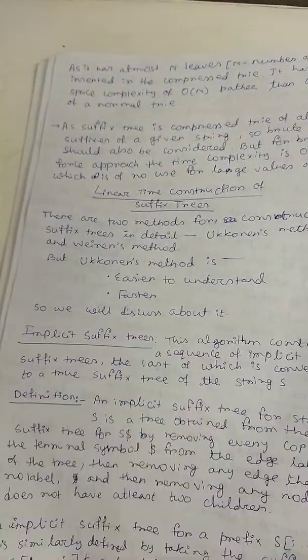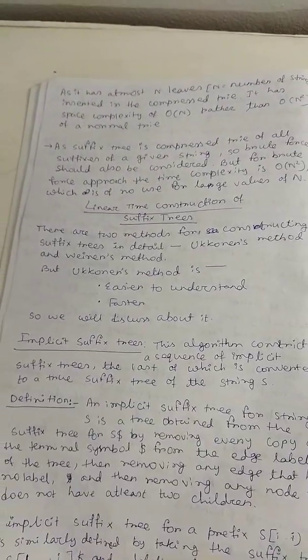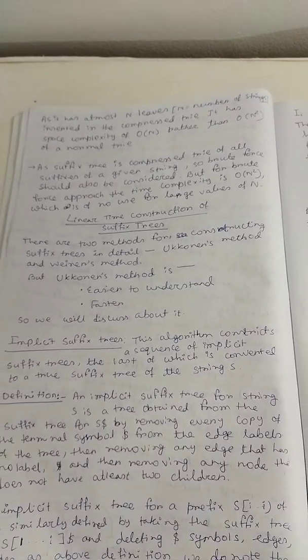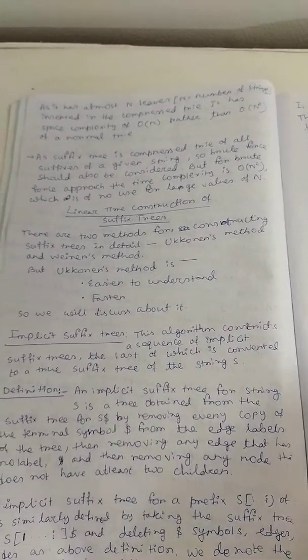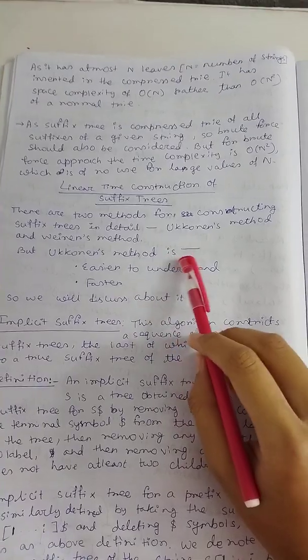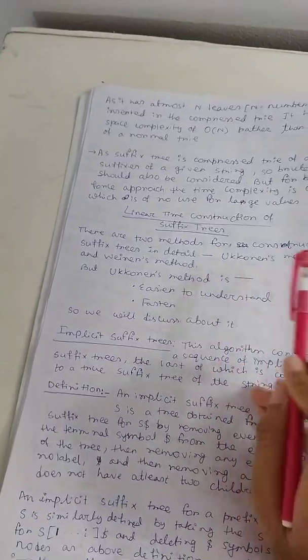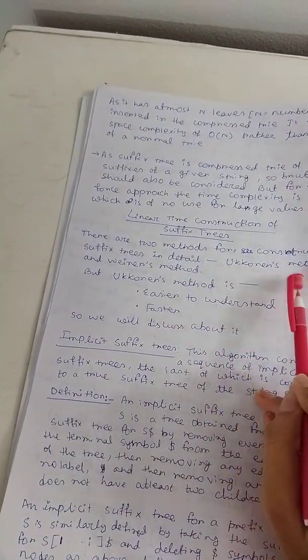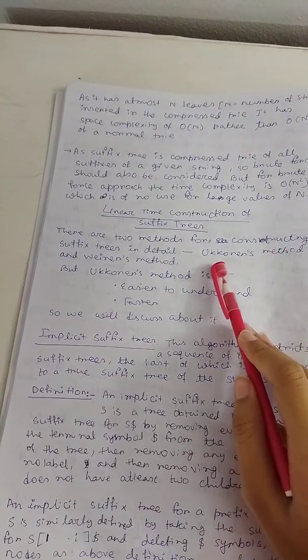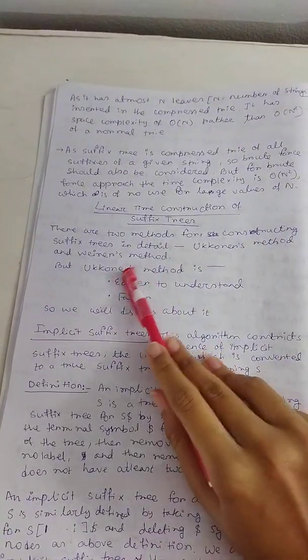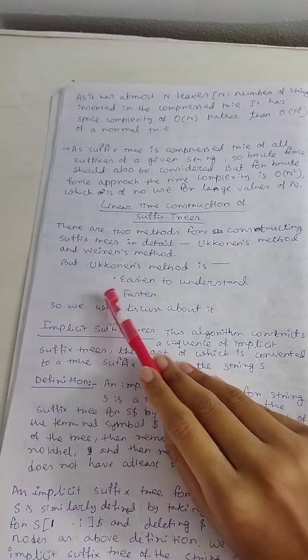So let's see what is linear time construction of suffix tree. There are basically two methods for it. The first one is Ukkonen's method and the second one is Weiner's method.